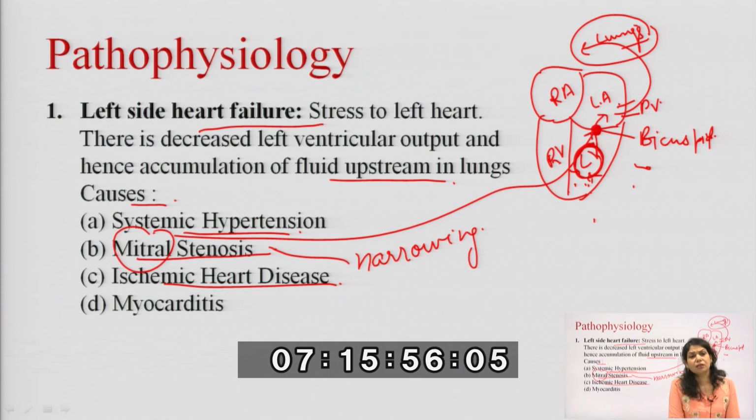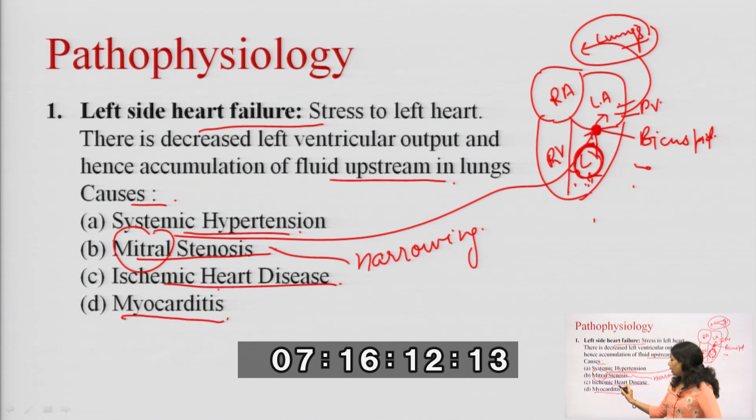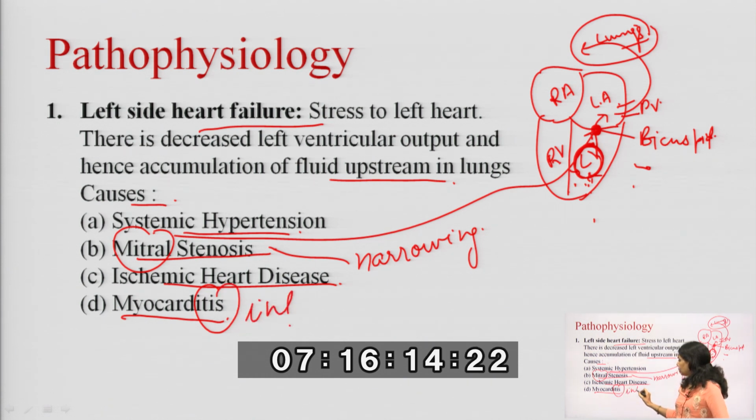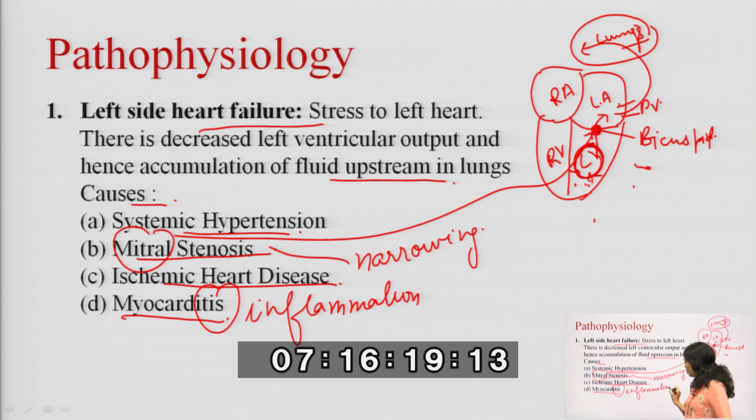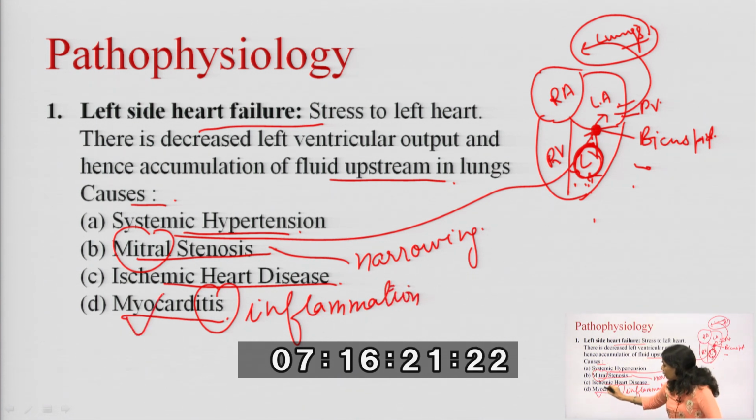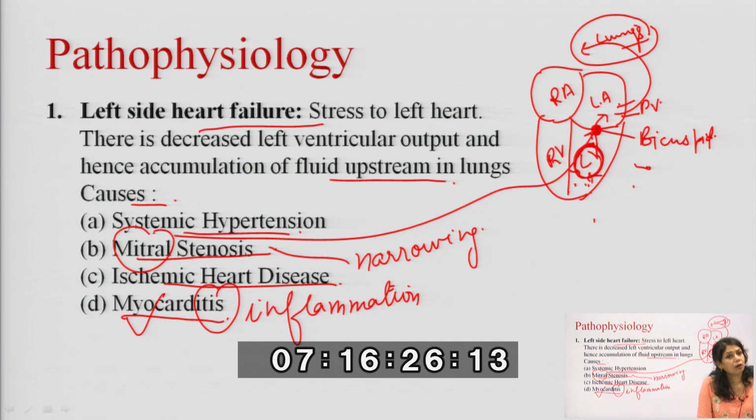Ischemic heart disease means less supply of oxygen to the heart due to cholesterol deposition or certain other diseases, and this may lead to left side heart failure. Myocarditis is there. The word ending in itis means inflammation. Inflammation of the myocardial layer. So, myocardial layer inflammation will accordingly lead to left side heart failure.